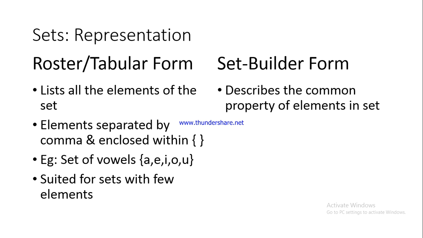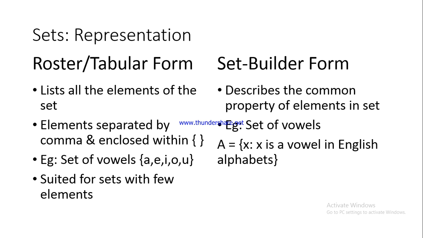So it does not list down all the elements of the set, which was the case with the roster or the tabular form. Rather, it describes one property which is common to all the elements in the set. Let's take an example, the set of vowels. How do we represent it in the set builder form? See, this is the representation in the set builder form.